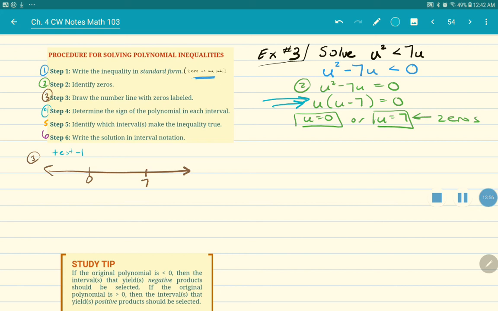If I plug in a -1, u is negative, of course, and then u minus 7 will also be negative. So when I multiply those together, I get a positive. And then in between 0 and 7, we could test +1, and I get a positive for u, and 1 minus 7 is a negative. So that's going to give me a negative in that whole interval.